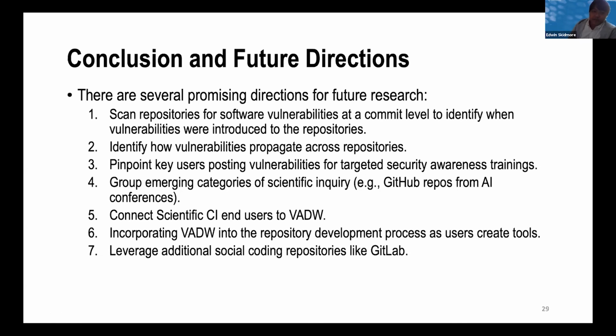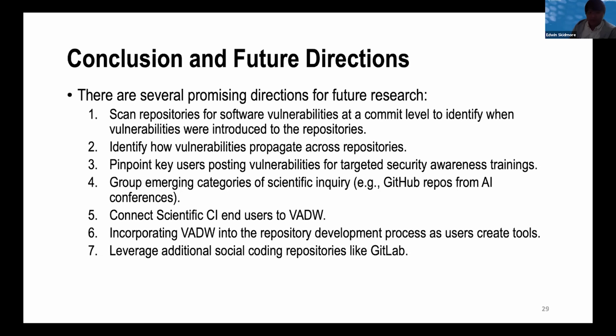In other areas that we would like to see VADW go is, as I mentioned before, scanning across other code repos. GitHub certainly isn't the only code repository. GitLab and Bitbucket are certainly popular, but also being able to scan private repos in some way. So lastly, the research presented here focused on virtual machines.